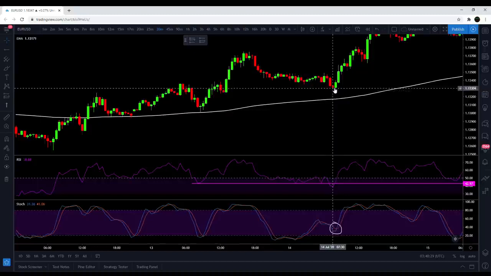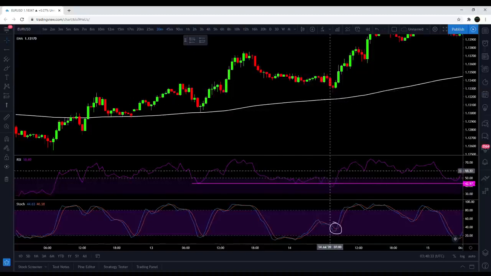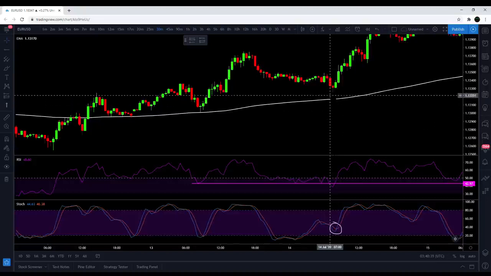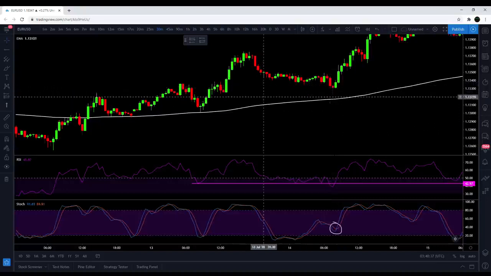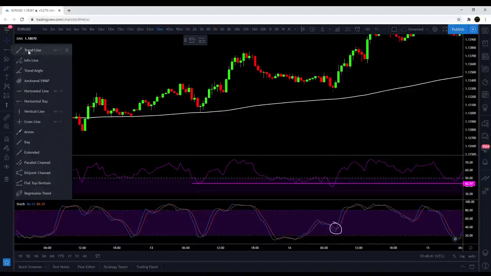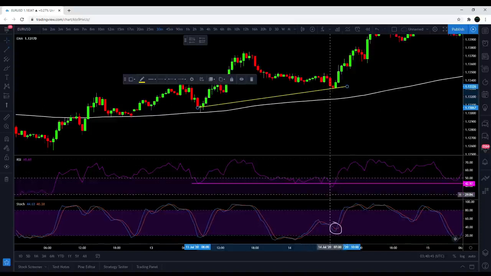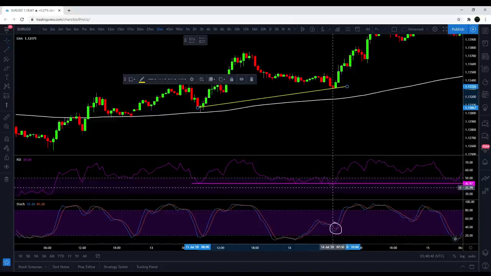hey, is that a higher low on price? And for this instance, it's right here when it crosses down. It makes a new low on RSI, and it is higher than this low, so that's another instance of hidden divergence. Higher low on price, but RSI makes a new low.